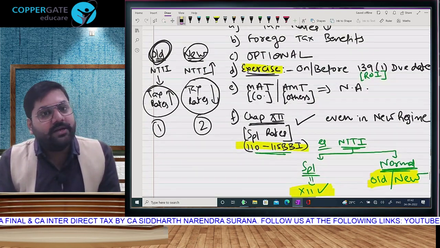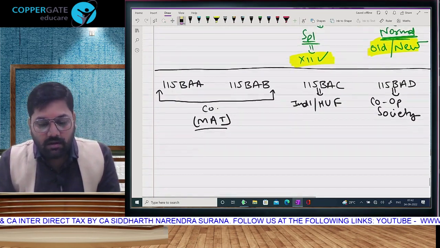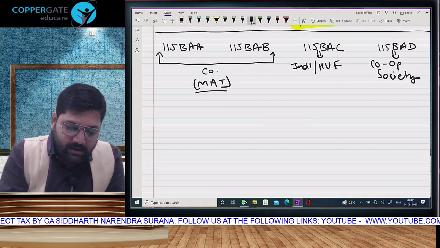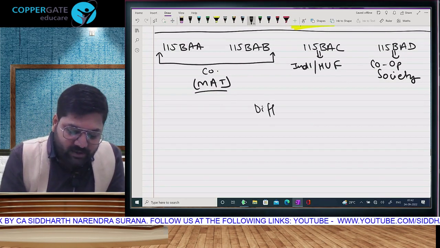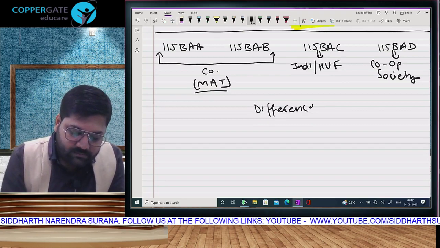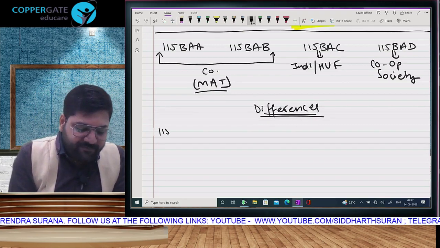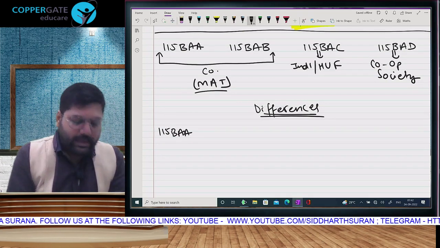6 points are common in all 4 sections. Is that clear? But there are some differences also. And it is necessary that you know the differences also. 115BAA is applicable to which assessee?